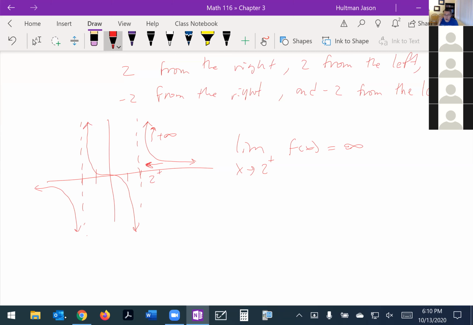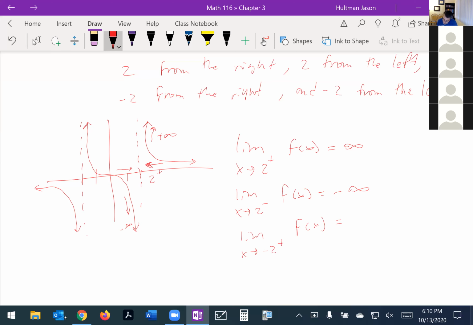Okay, now what happens when x approaches 2 from the other direction? Well, the limit as x approaches 2 from the left of f of x goes to negative infinity. That approaches negative infinity. What about the limit as x approaches -2 from the right?